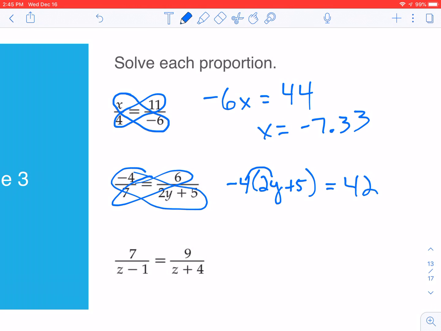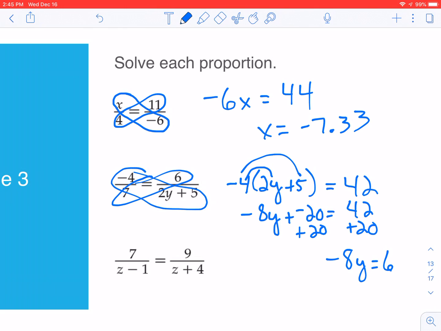I'm going to distribute. So I get negative 8y plus negative 20 equals 42. I'm going to add 20 to both sides. So I get negative 8y equals 62. Guess we're getting decimals for all these. 62 divided by 8, I get negative 7.75.